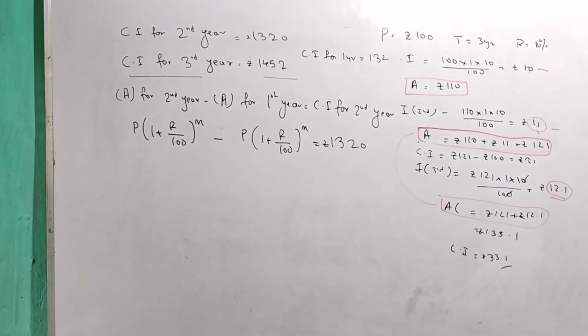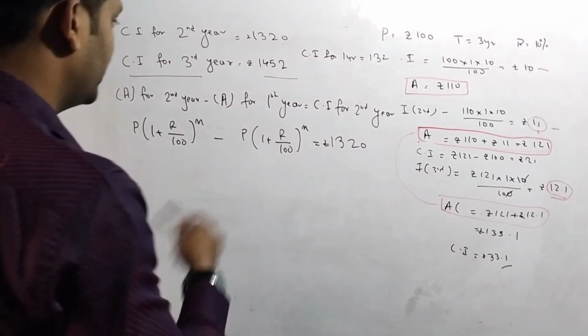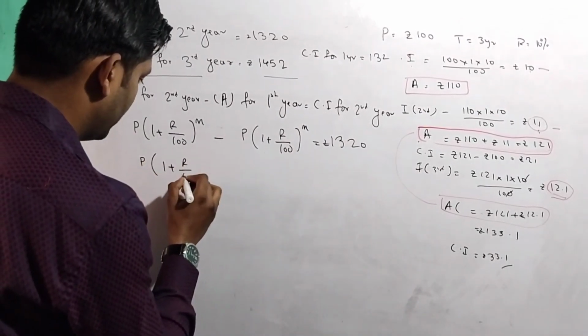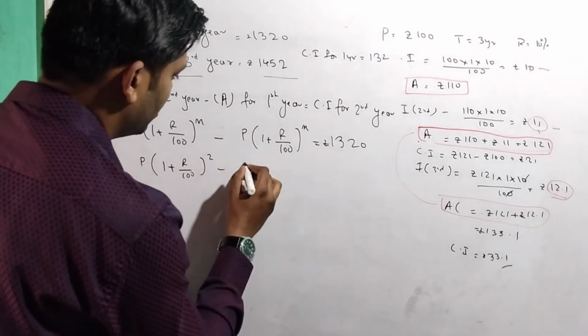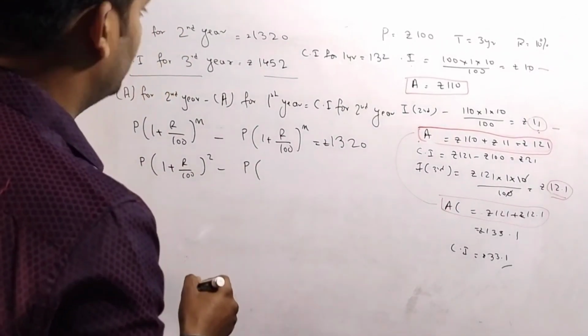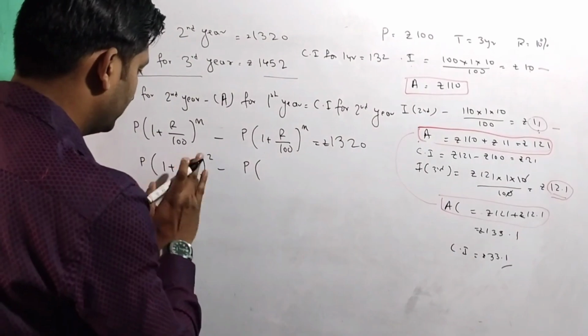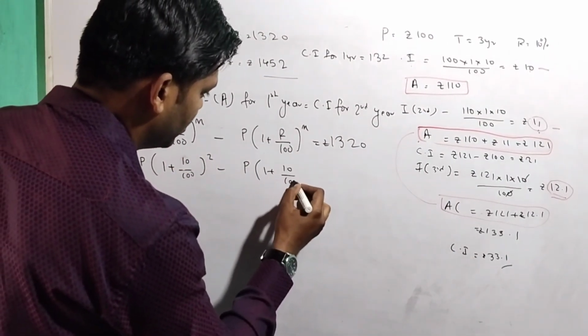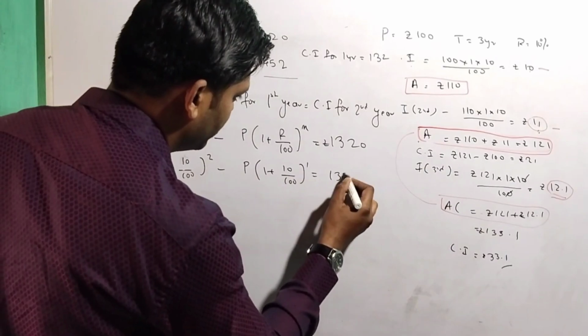Where N is 2 years in the first term and 1 year in the second. P is there, 1 plus R by 100; R we have 10%, so I can directly write 1 plus 10 by 100, equal to 1320.